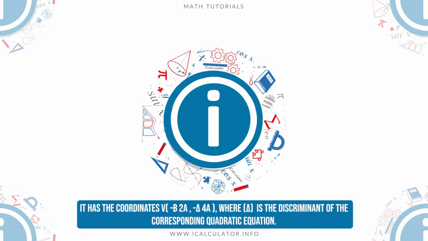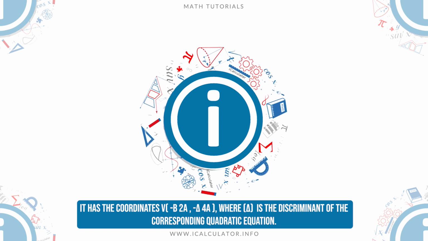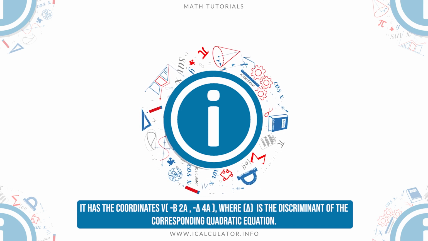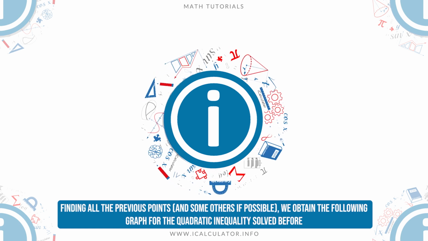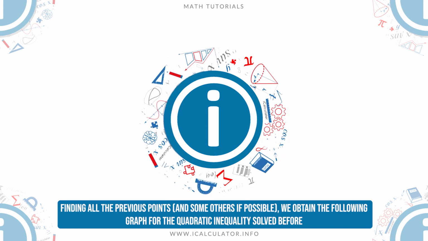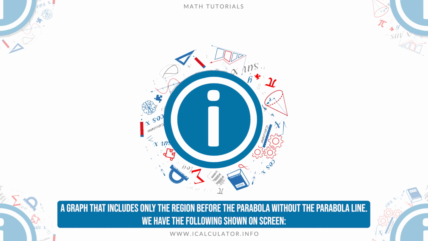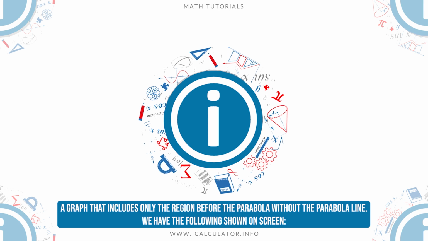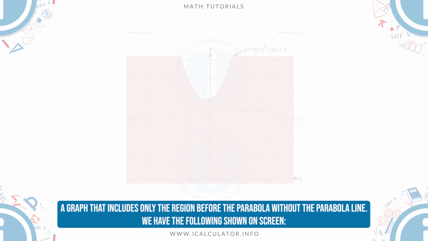It has the coordinates V(minus b over 2a, minus alpha over 4a), where alpha is the discriminant of the corresponding quadratic equation. Finding all the previous points, and some others if possible, we obtain the following graph for the quadratic inequality solved before, a graph that includes only the region above the parabola without the parabola line. We have the following shown on screen.